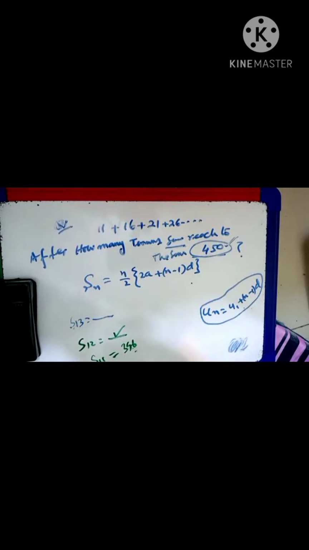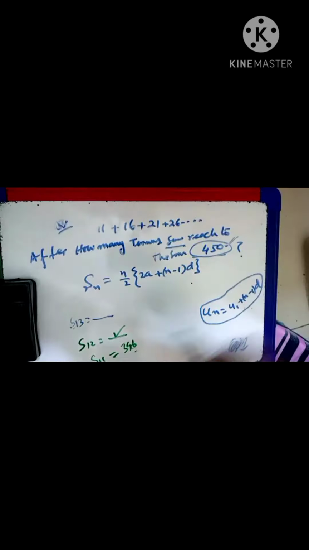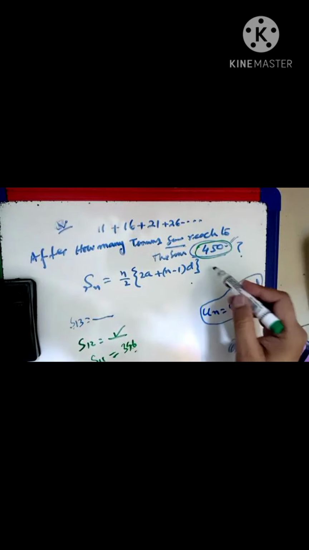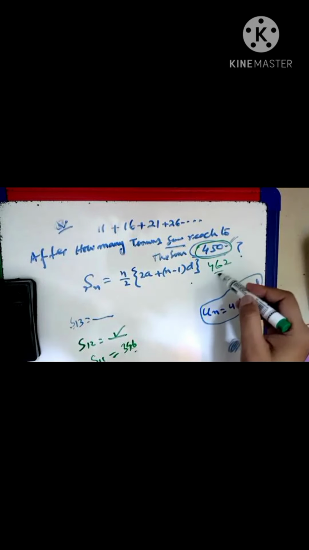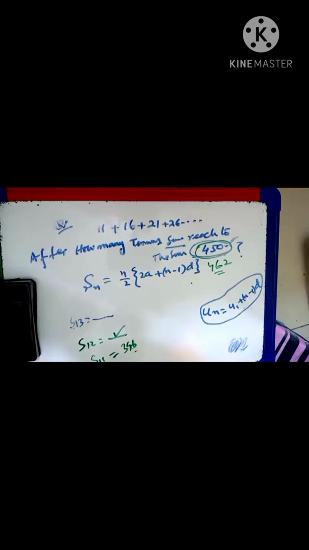S12 just passes, right? But S12 is 462. Yeah, that exceeds this one. We have to exceed this one. 462 exceeds this one, right? So our question is, what is the n so that the sum will exceed this number?